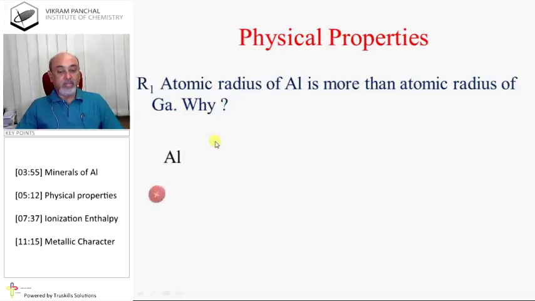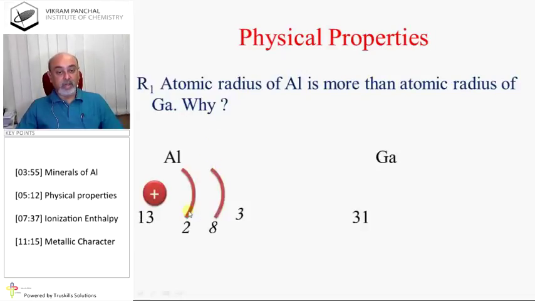In aluminium, there are 13 protons in the nucleus and 2, 8 and 3 electrons, so a total of 3 orbits. The outermost shell has 3 electrons, the first orbit has 2 electrons, the second orbit has 8 electrons. So in aluminium you experience screening effect of only s and p orbitals. Therefore aluminium has more screening effect.